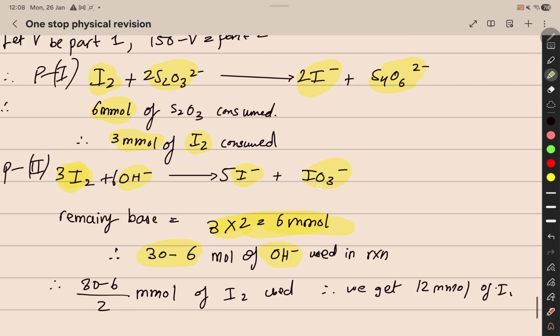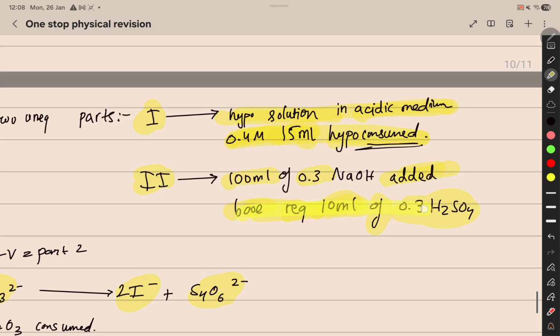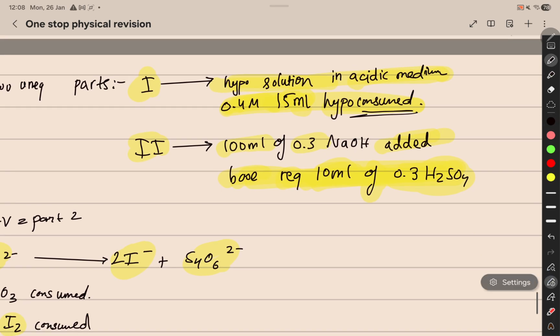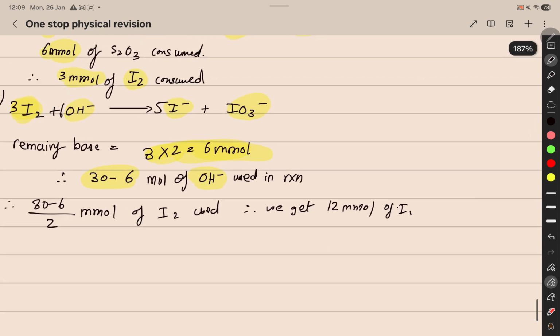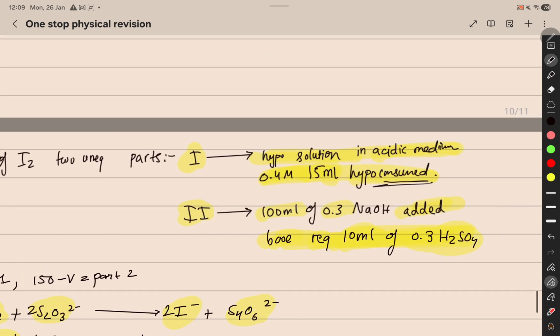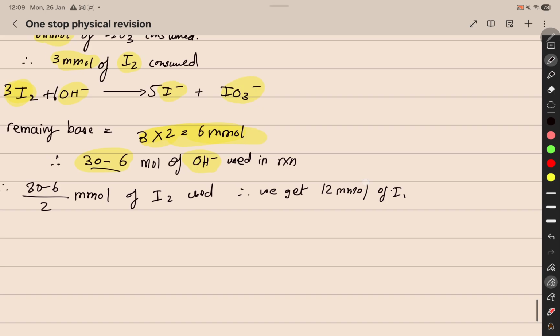So basically here they had given that 10 ml of 0.3 H2SO4 is required. So the number of millimoles of base that is left behind equals the millimoles of H2SO4 used, that is 10 into 0.3 into 2, which is 6, right? So that's why I got 6 millimoles. So 30 minus 6, whatever is originally there minus the excess, is used in the reaction.